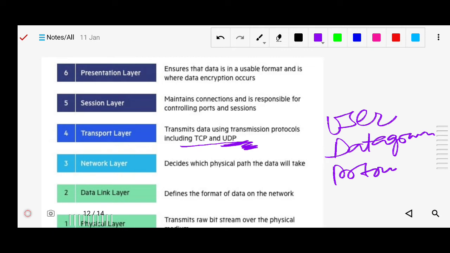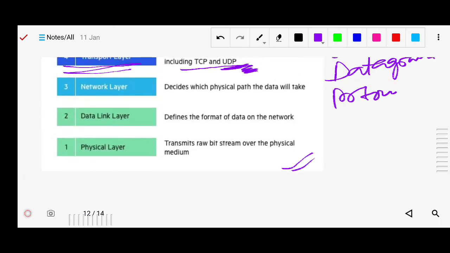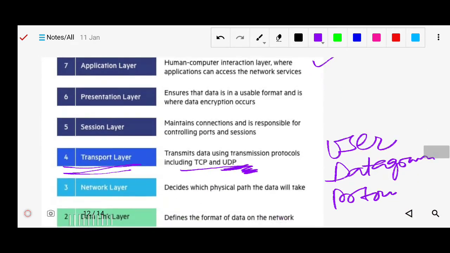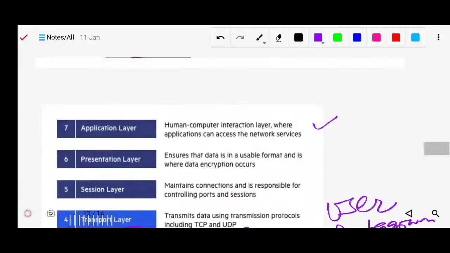It works on the transport layer, which is the heart of your OSI model. Some explanation about each layer is given in your higher class, and you have to study all of these in detail.